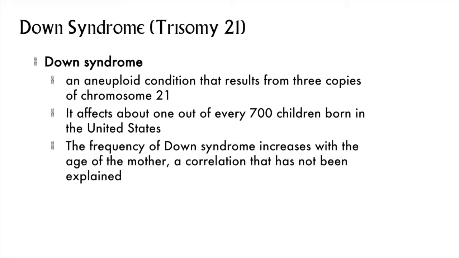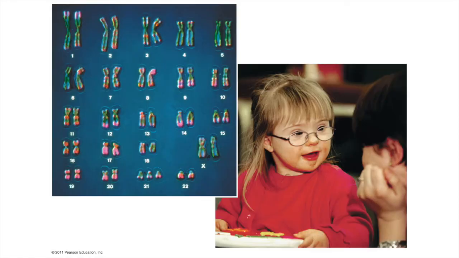You can see in the karyotype here that this young girl has an extra copy of chromosome 21. The symptoms of Down syndrome include physical and intellectual delays, and the eyes have a familiar shape to them, which is called an epicanthal fold.